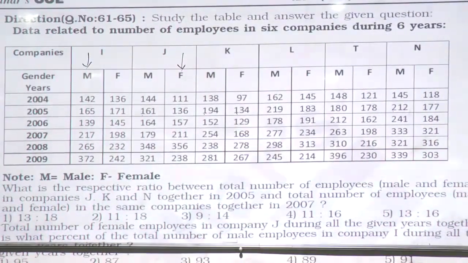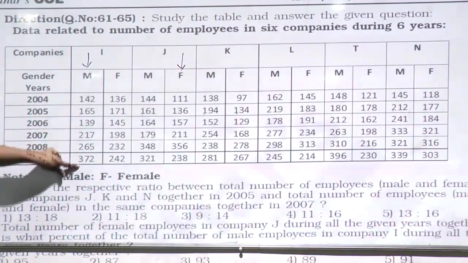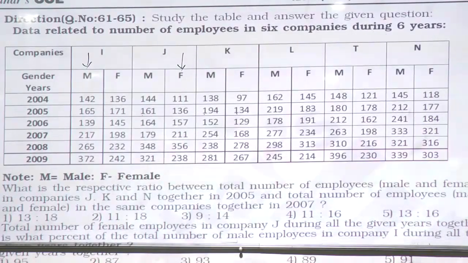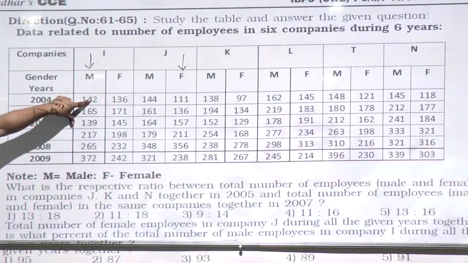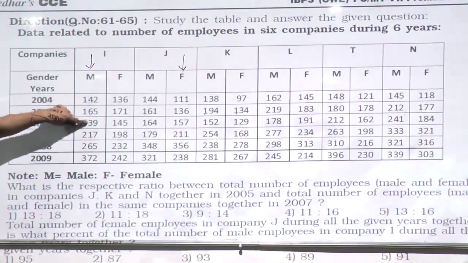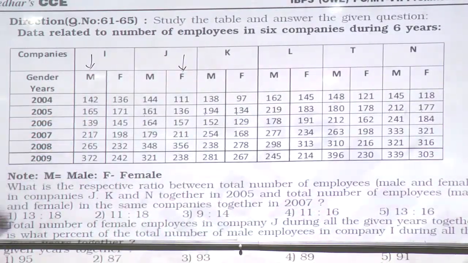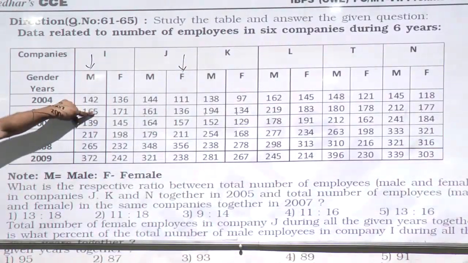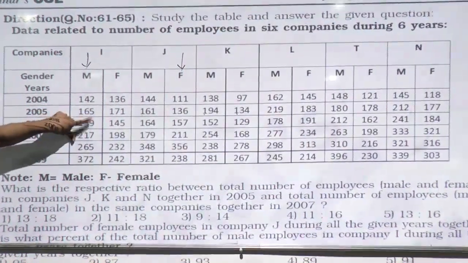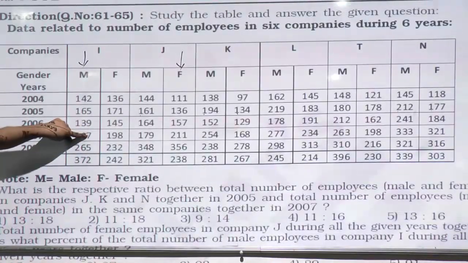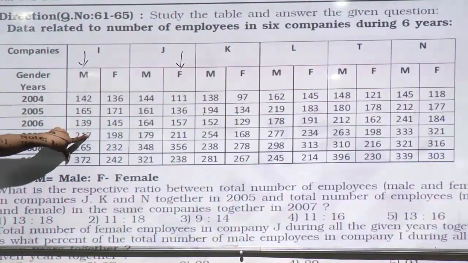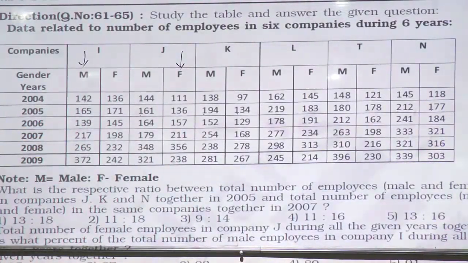Male in I, all the given years together: 100, 200, 300, 500, 1000. Then 100, 130, 140, 200, 270. Then 7, 2 plus 5, 7, 16, 23, 28, 30. 1300.